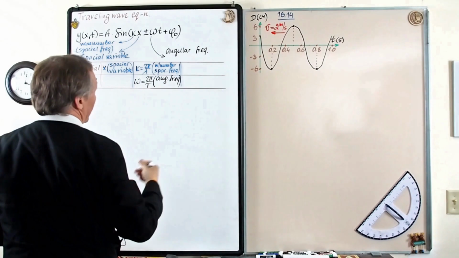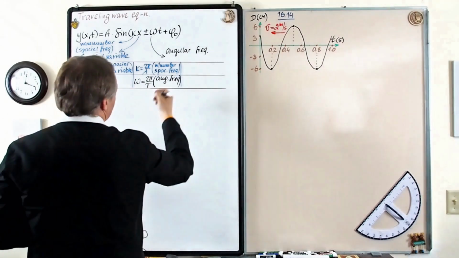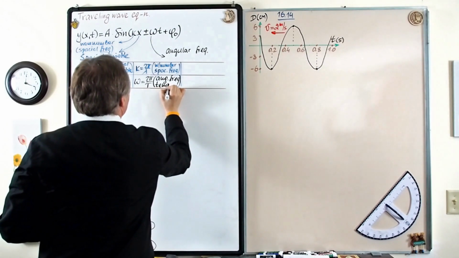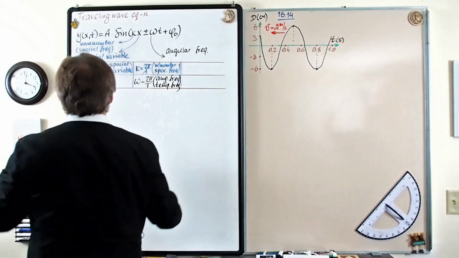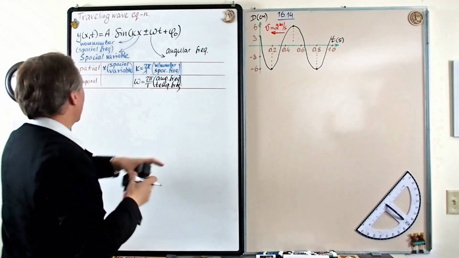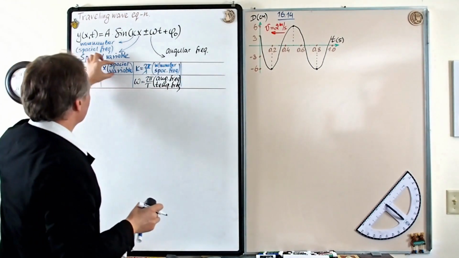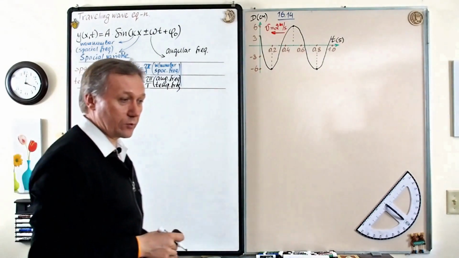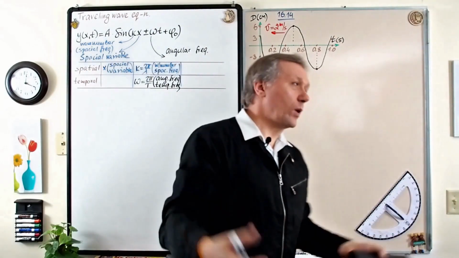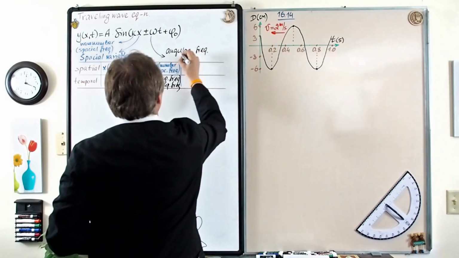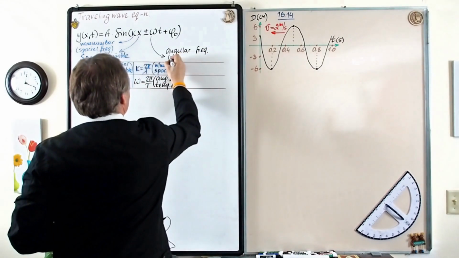And of course, the meaning, it's a temporal frequency, right? So you see, here I want to keep all my temporal parameters. Here I want to keep all my spatial parameters or quantities describing the wave, right?